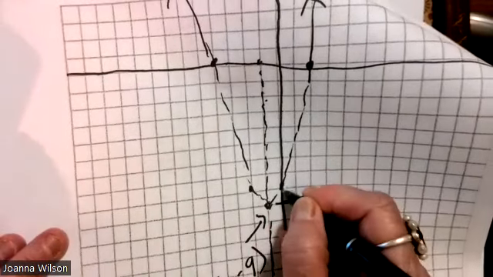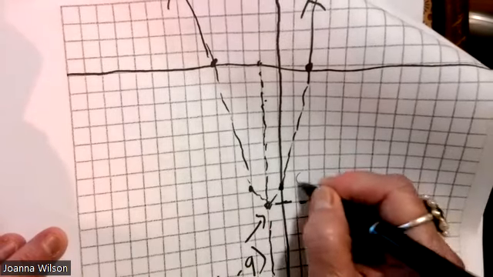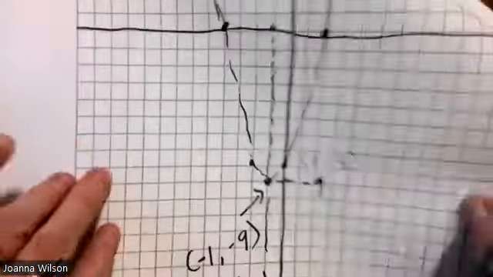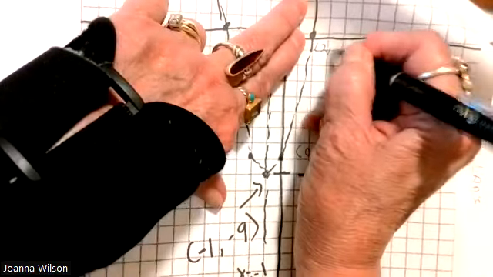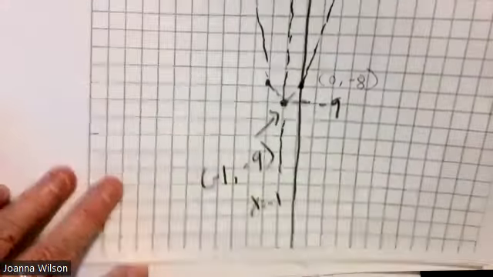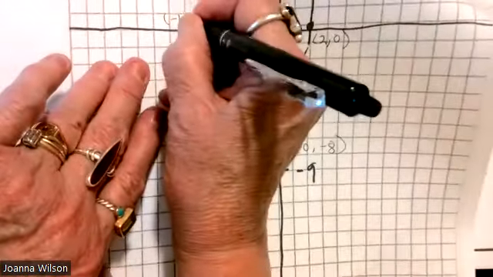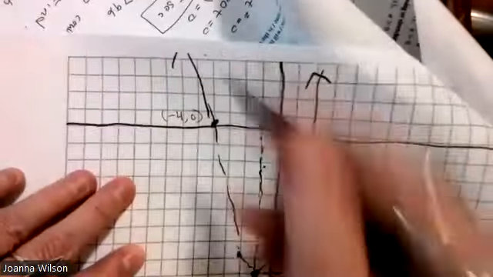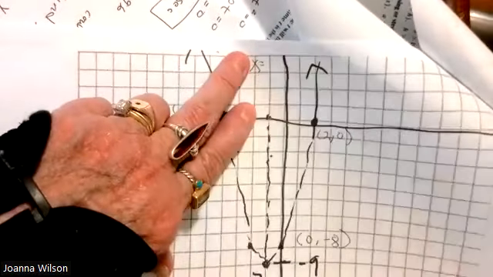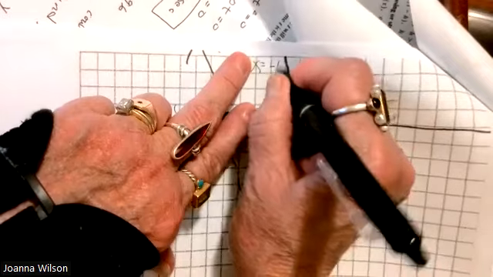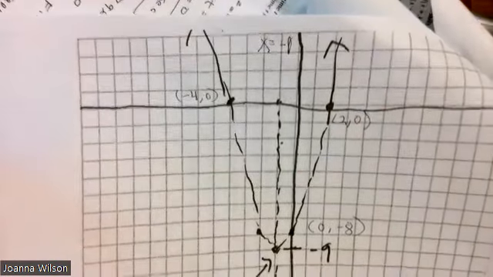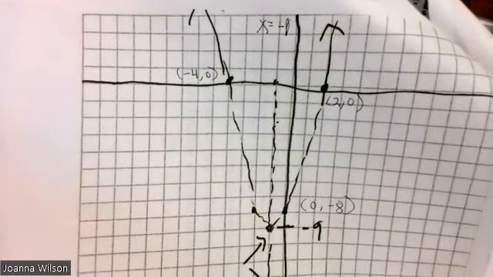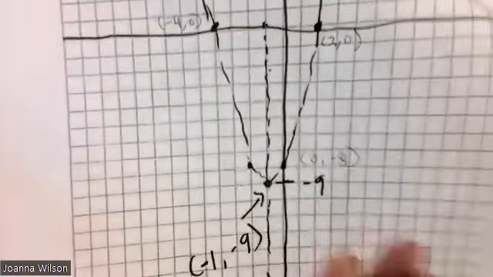The y-intercept right here was 0, -8. And then the two x-intercepts, this was 2, 0. And the other one was -4, 0. And then this is the axis of symmetry going right down the middle. It's just the vertical line, x equal whatever the x value is at the vertex. And then you could check it with your calculator or graph it with your calculator. But that's how it works.